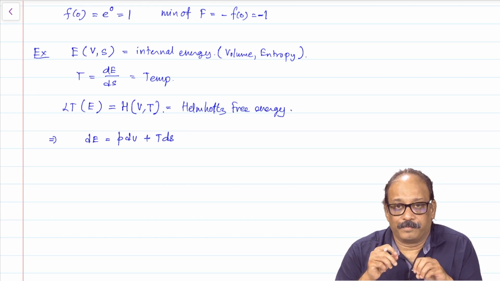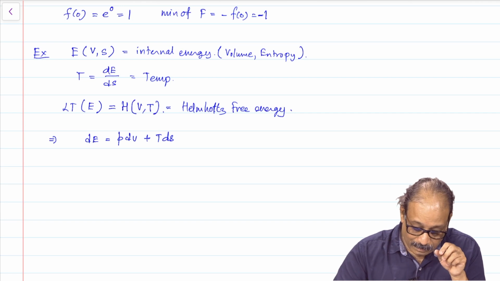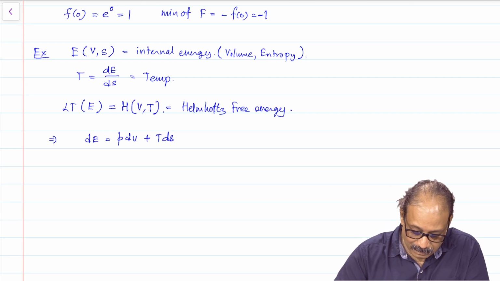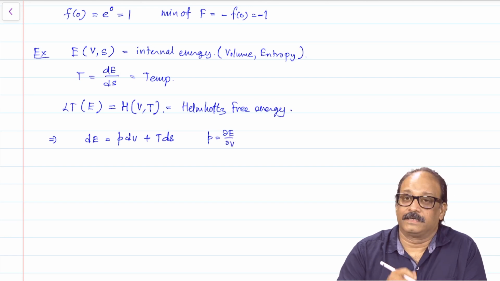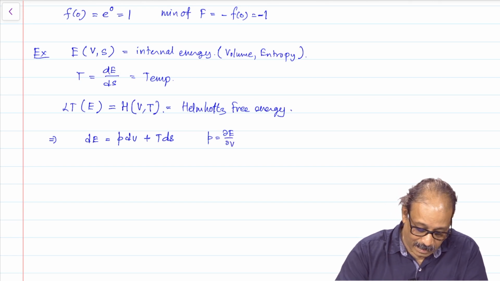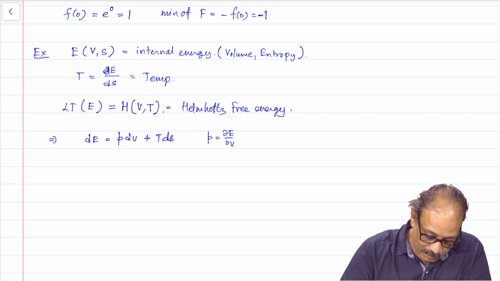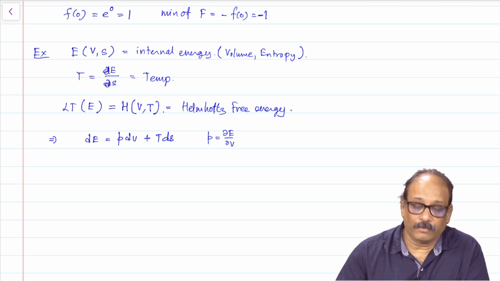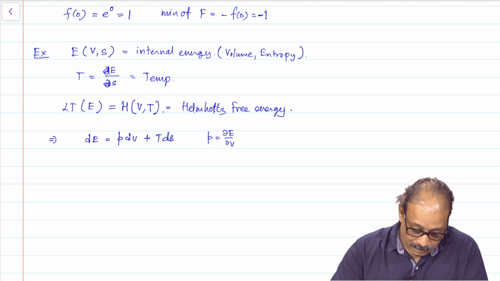Remember, P is pressure. What is P? P, of course, is a differential. So, P will be nothing but del E by del V, and T we have already defined as the partial of E with respect to S.